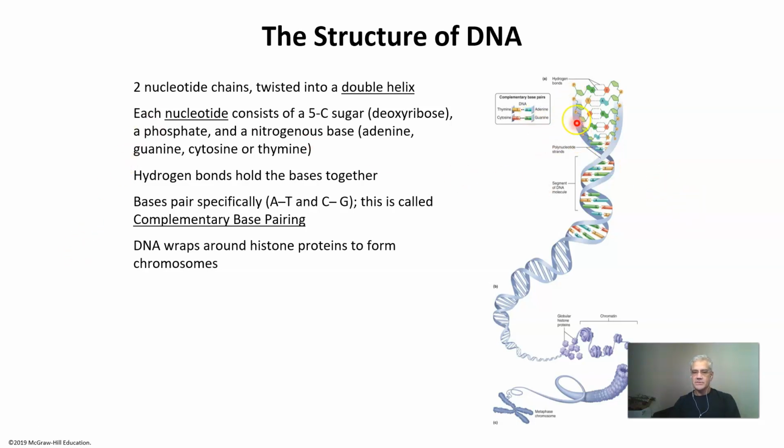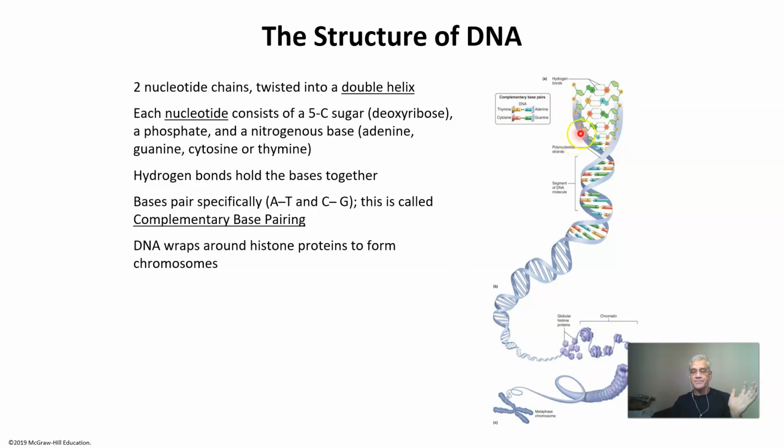So here's a support of the ladder, and here's the other support on the other side of the ladder, and here are the rungs in between those supports. And if we twisted it in a particular way, we're going to get this twisted, windy structure. That's called a double helix. The support structure of the ladder are composed of some molecules.